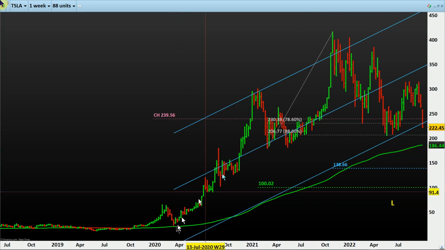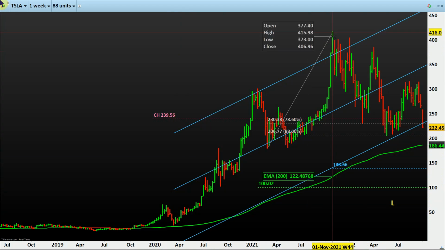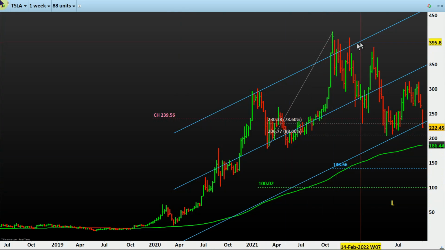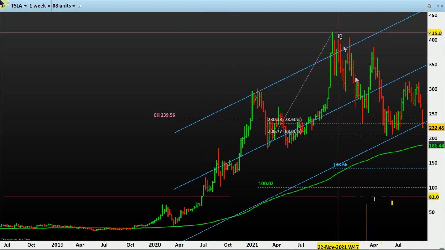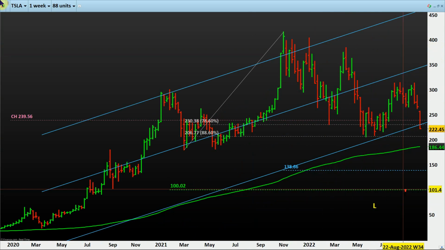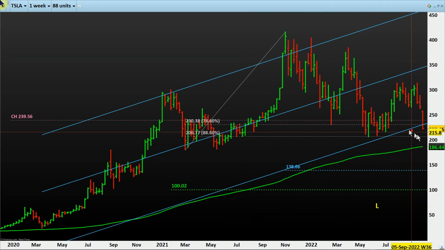So from the COVID low to the pre-inflation high, this is the standard deviation channel, and it is on Fibonacci 1.272. It did a crack and snapback on the top 1, 2, 3, 4, 5 times, and it is possibly doing a crack and snapback on the line here, too many lines, 3 lines there.